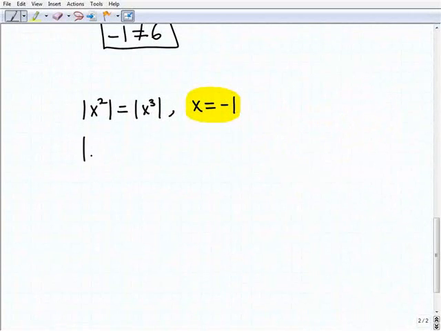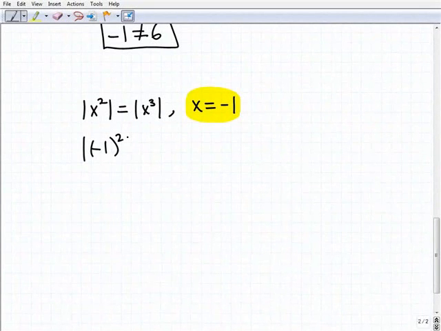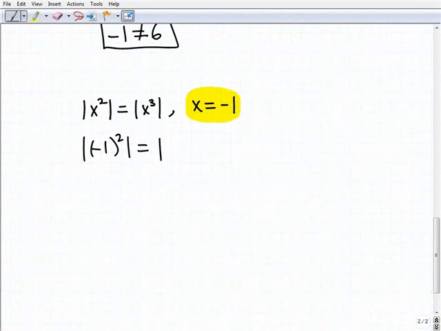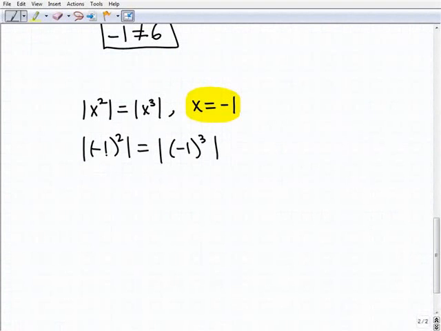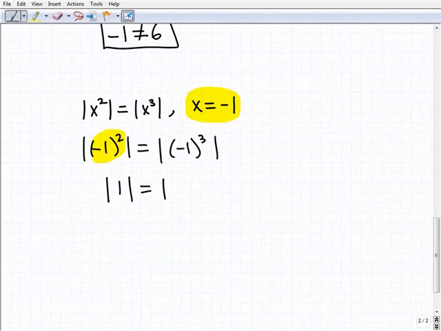So we have the absolute value of (-1) squared. So that's going to be (-1) squared. And we want to see if that's going to be equal to the absolute value of (-1) cubed. Okay. So the absolute value of (-1) squared, we just saw that (-1) squared written like this is going to be a +1. So we have the absolute value of 1. And we want to see if that's equal to the absolute value of (-1) cubed.